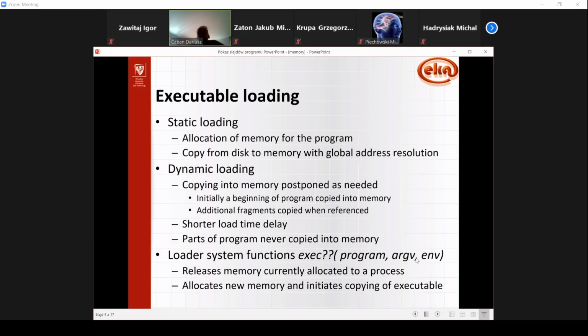Okay, in some versions of exec, there will be no environment table. That's because then the table of variables will be taken from the parent process, which is executing the exec function, and copied.